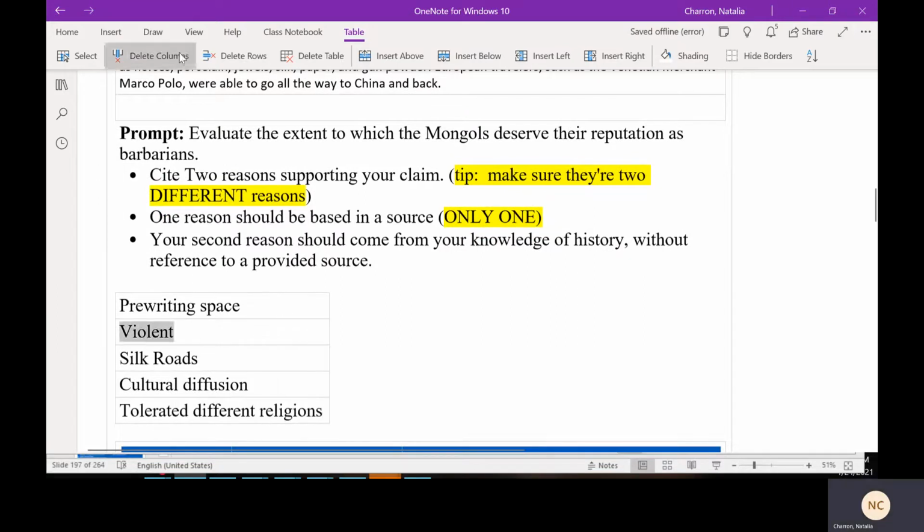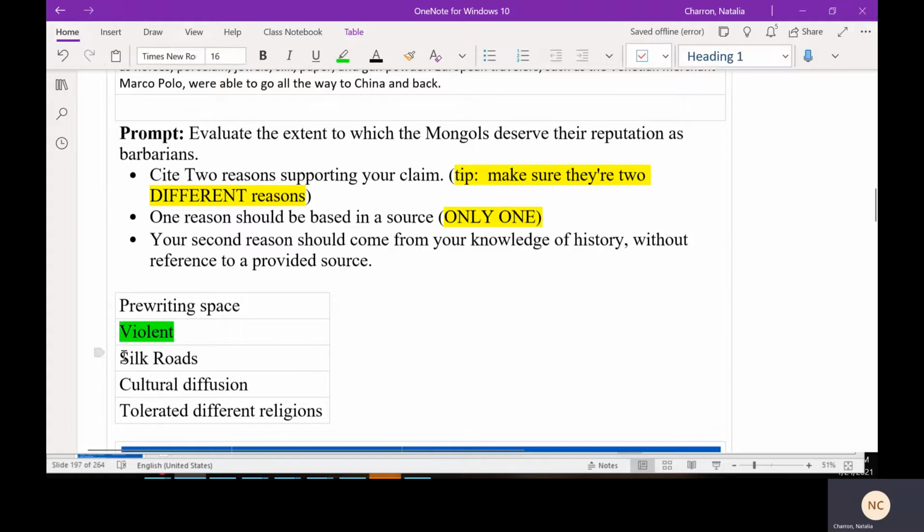So I guess I'll color code this. A chart would have been better here, but whatever. So barbaric is in green, non-barbaric is in blue. I have a couple of reasons to say, like, yes, they were barbaric, but also they did good stuff too. You can write however you feel the strongest, right?